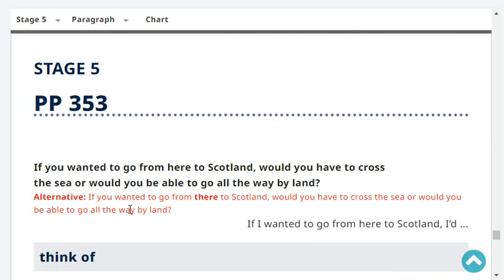If you wanted to go from there to, let's say, Okinawa, would you have to cross the sea or would you be able to go all the way by land?